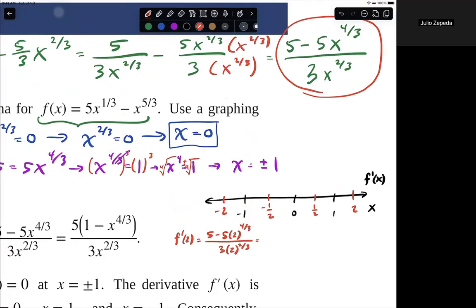And we have calculators, but we could actually see here that if we factor out a 5 on top and we do 1 minus 2 to the 4th power is 16. So this is the 3rd root of 16. And the denominator is just 3 times the cube root of 4.